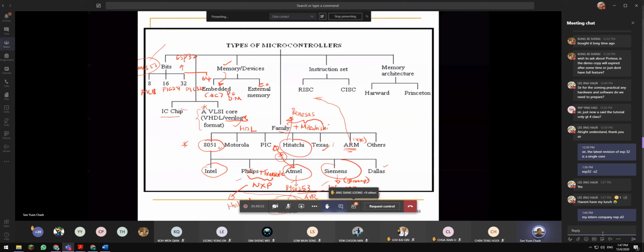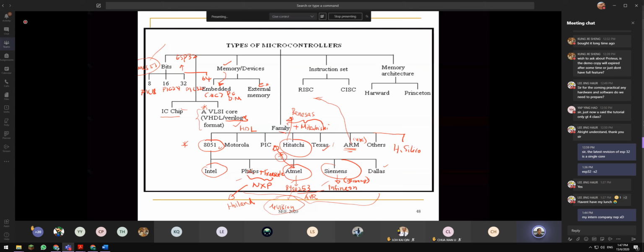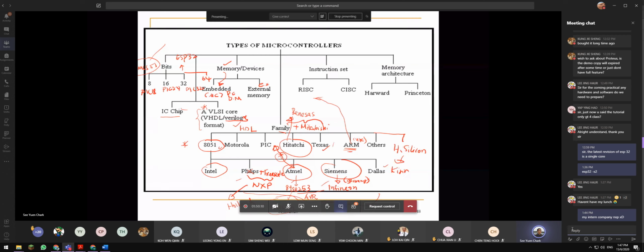Of course, the most important nowadays, something that really triggered the market, people talk about it, is this one. HiSilicon, do you know HiSilicon? It's the one that produced the Kirin processor.